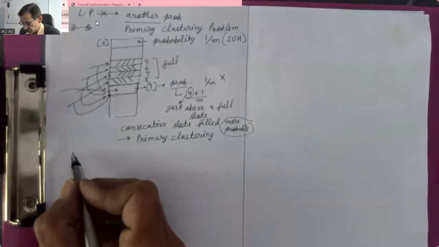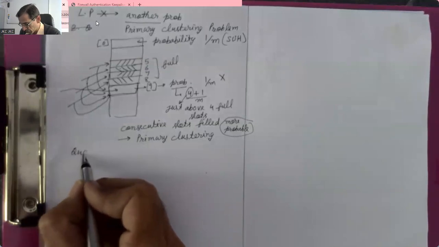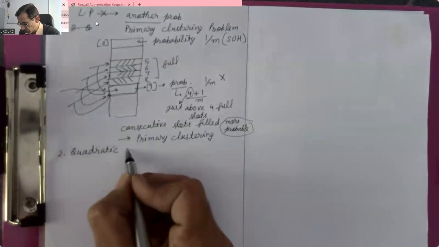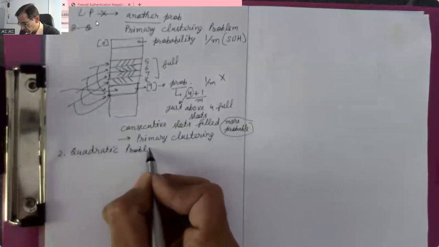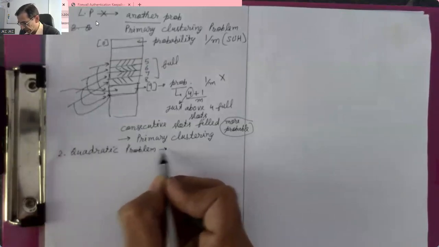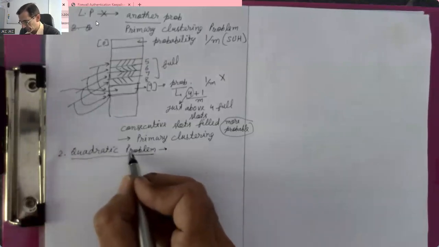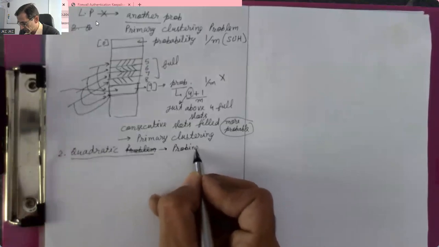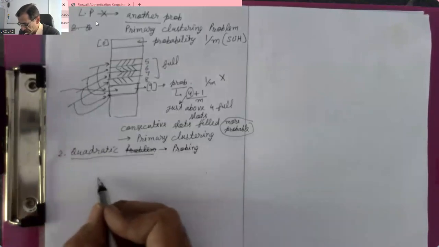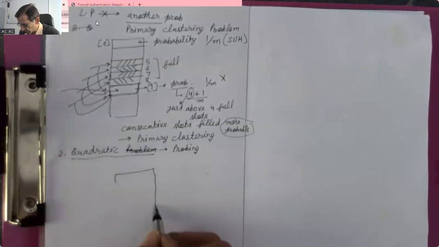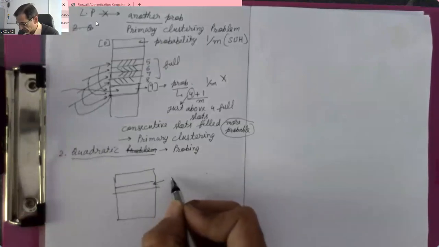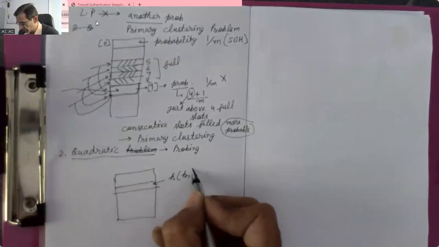So then came the second solution, which was called quadratic probing. Quadratic probing said, don't store the synonym or collision based data at the immediately next place. If you have some storage table, you have stored some data, let's say here, you have got this location for h of k1.